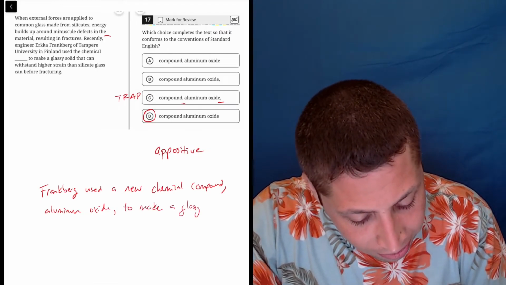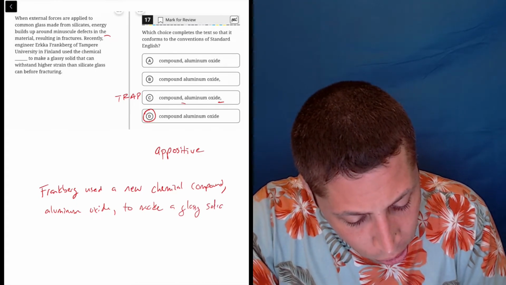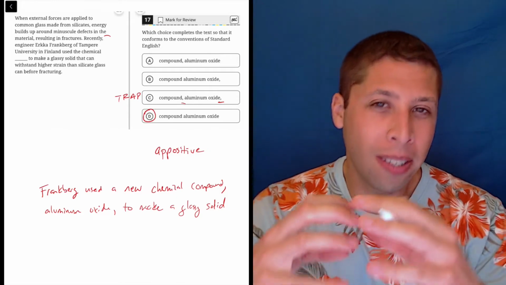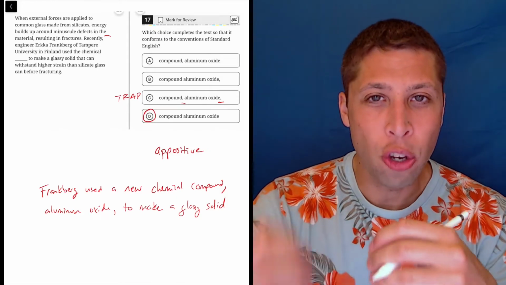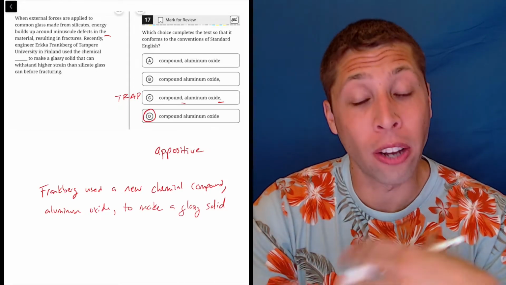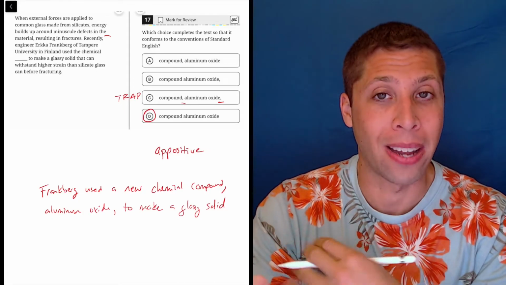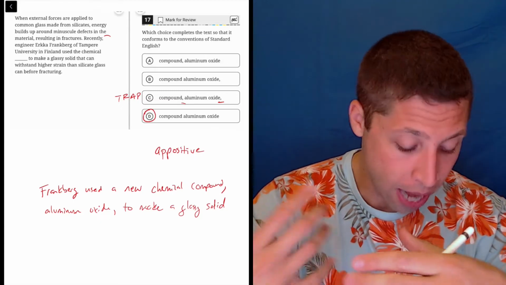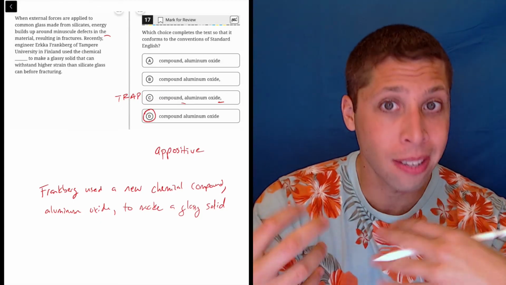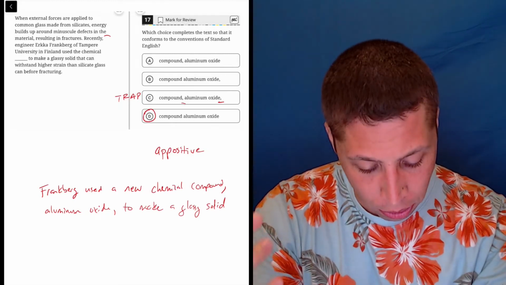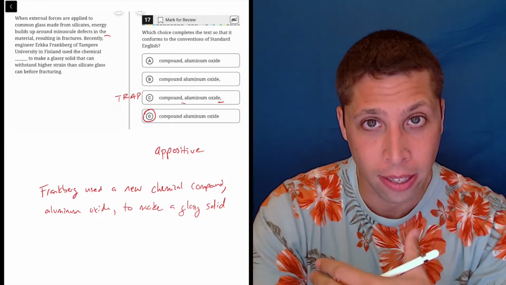In that case, I would use the commas, because the focus of the sentence has shifted to the fact that it's a new chemical compound, and now aluminum oxide is maybe just helping out understanding what we're talking about. It is no longer the focus. It has now become extra. And if I did remove that from the sentence, I'd still have a pretty robust idea here. Frankberg used a new chemical compound to make a glassy solid.